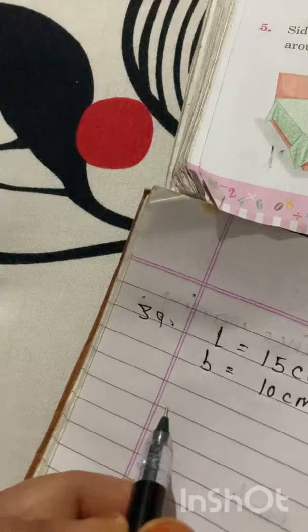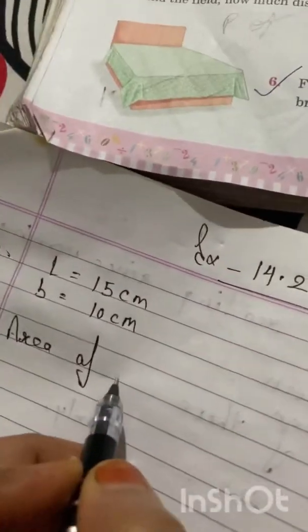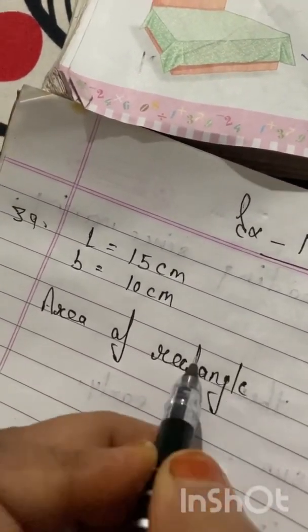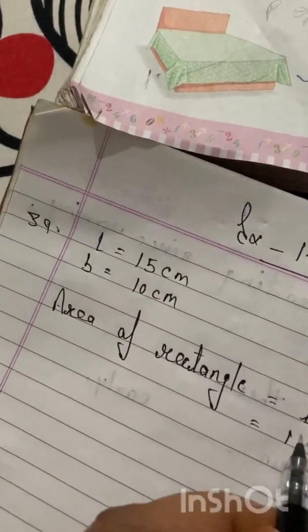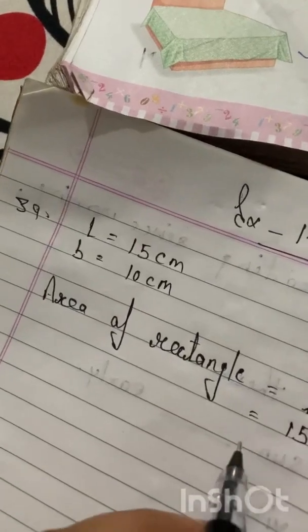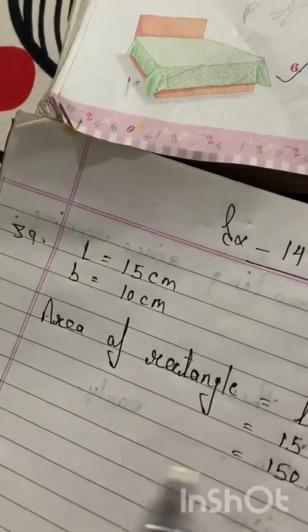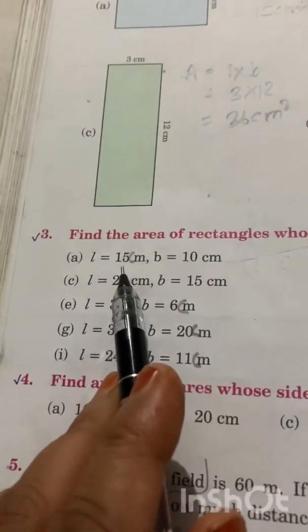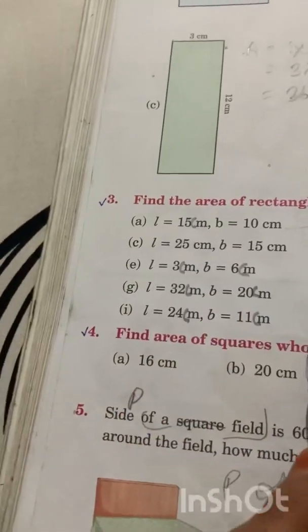So area of rectangle is equal to L into B. That means 15 into 10. What is our answer? 150 centimeter square is our answer. Okay students, so here you have to make a correction. L is equal to 15 centimeter. Okay, now come to the next one.